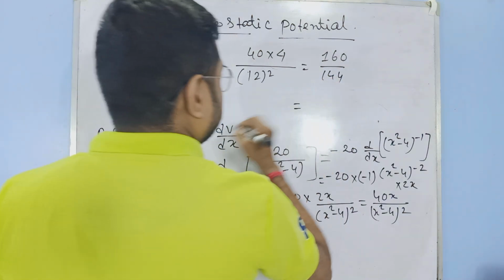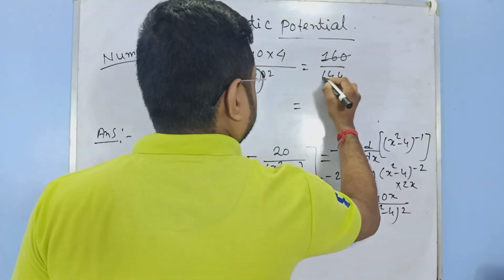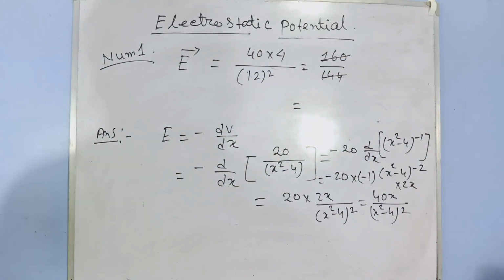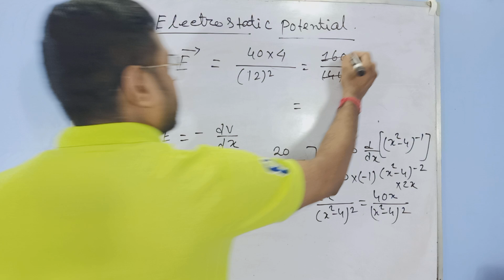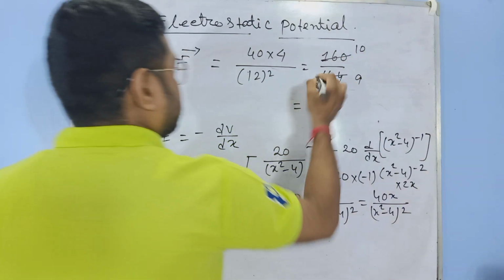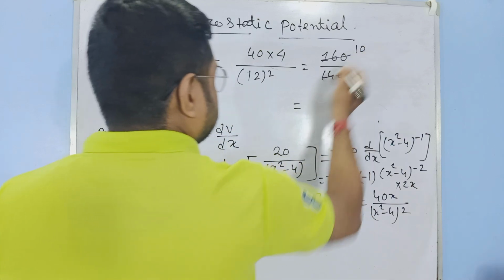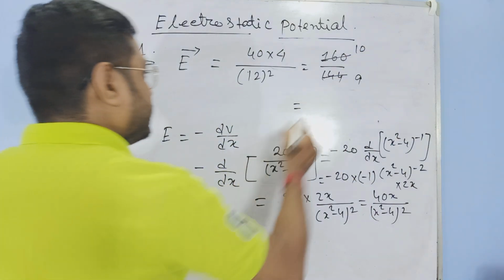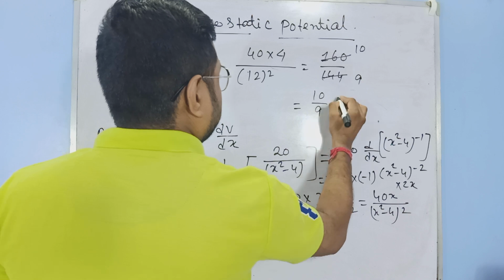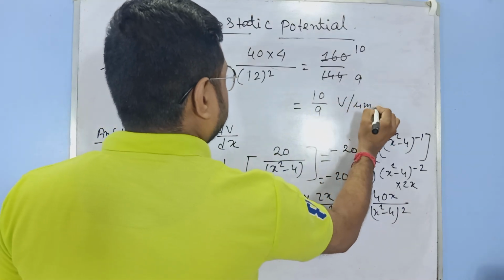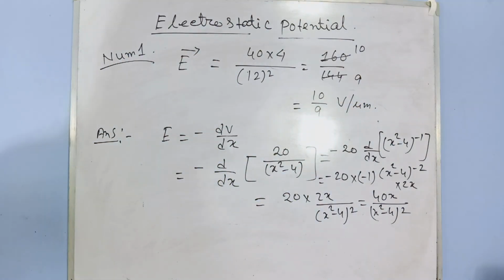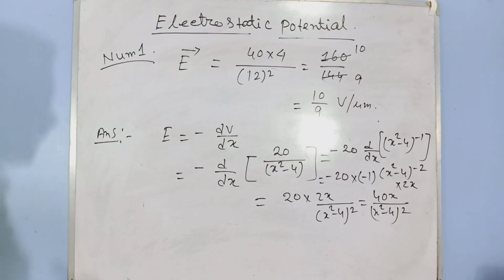So if we take the smallest ratio, then it is 10 by 9. We can divide it by 16: 160 by 16 is 10, 144 by 16 is 9, that is 10 upon 9 volt per micrometer. So this is the required electric field we can get.